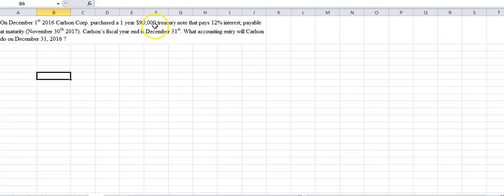Just because they receive their $90,000 cash on November 30th plus the interest, that doesn't mean that they're going to do an accounting entry only on November 30th. They have to accrue for the interest that they've earned in the year that they've earned it, right?